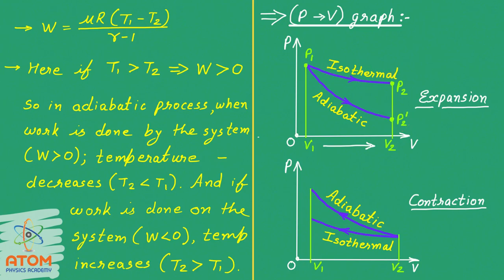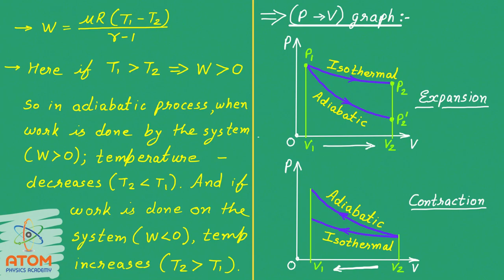Now let us see case of contraction. Suppose we are contracting the same system from V2 to V1. We are bringing it back from V2 to V1. In this case, here is the adiabatic process and here is the isothermal process.